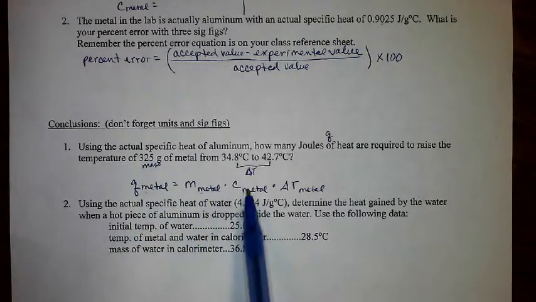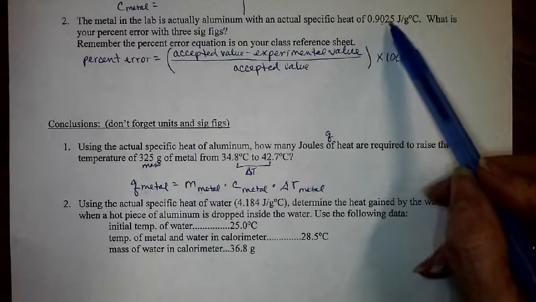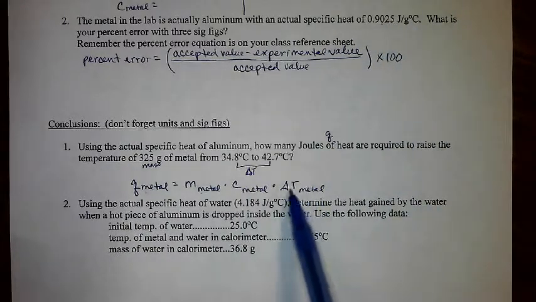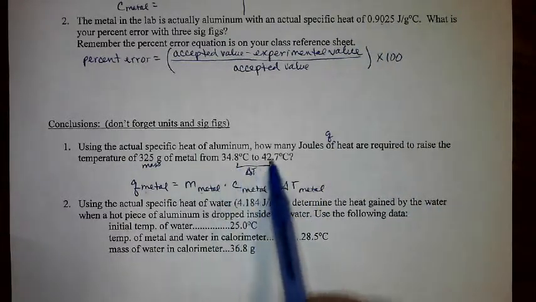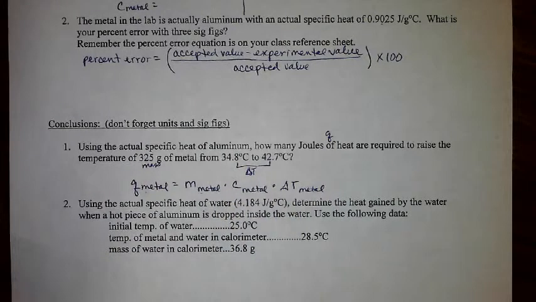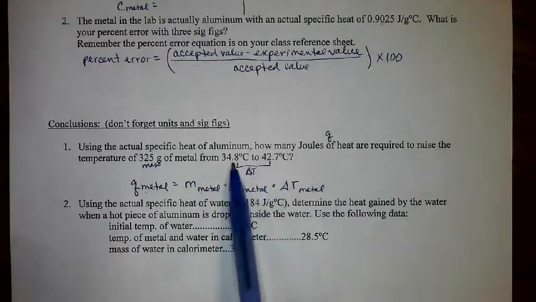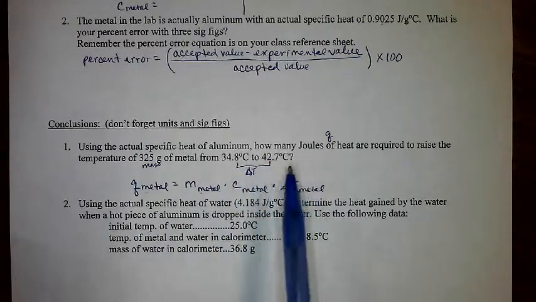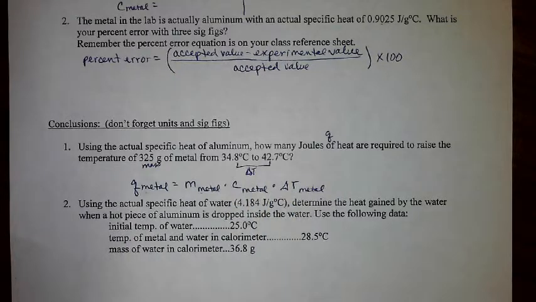Your specific heat, it says use that actual value. And then your delta T, it's telling you the change in temperature here, so take that difference and plug that in. Don't worry about whether it's negative or positive. Just take the biggest number and subtract the smallest. So when you do that, you should get the heat that the metal is releasing.